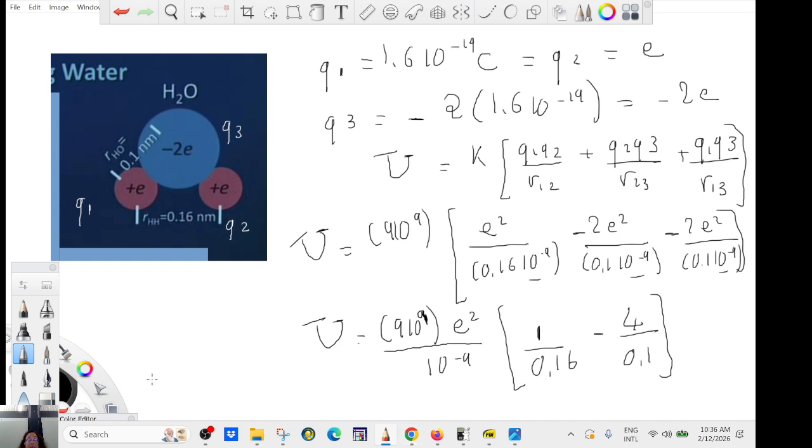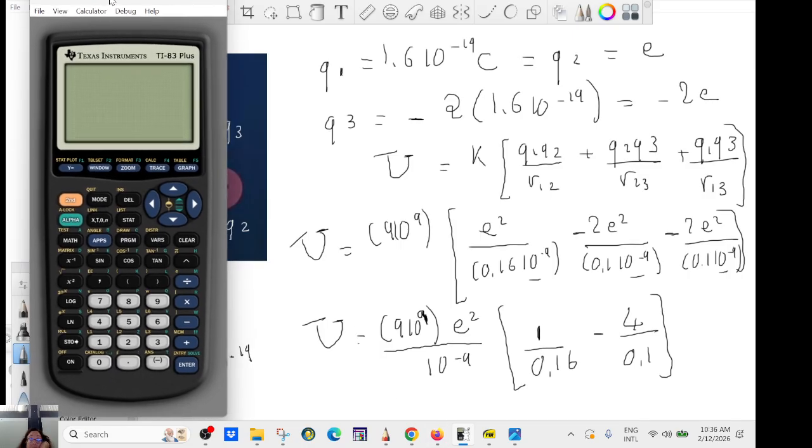Okay, and you have E is 1.6 times 10 to the negative 19. So you have to plug it in. So that will be 10 to the 18. You have to square that. Do you get that? 1.6 times 10 to the negative 19 squared.